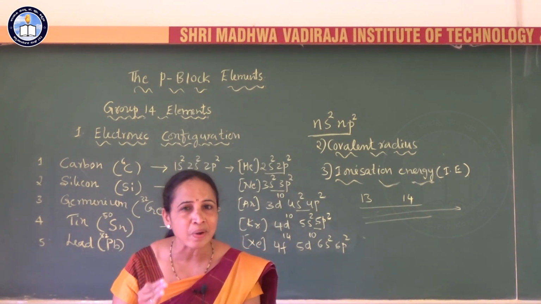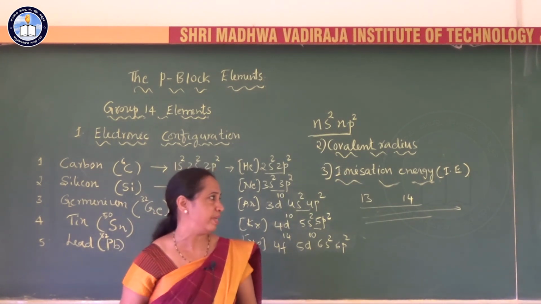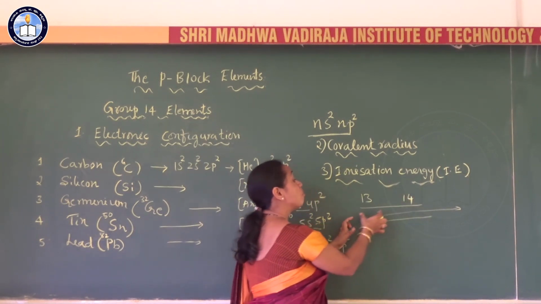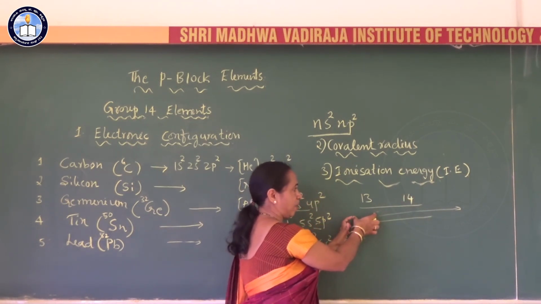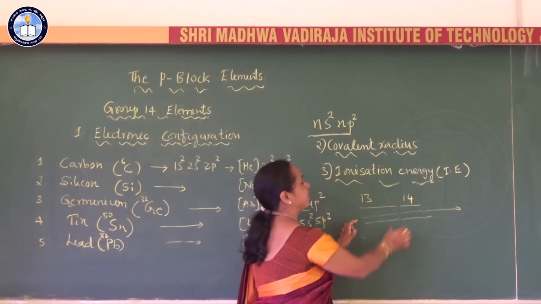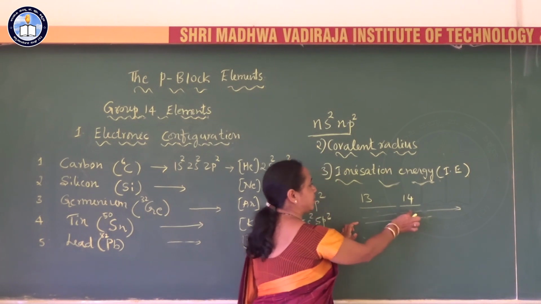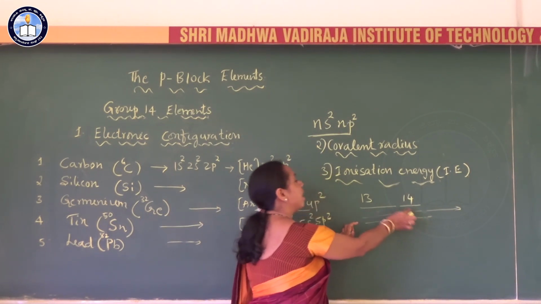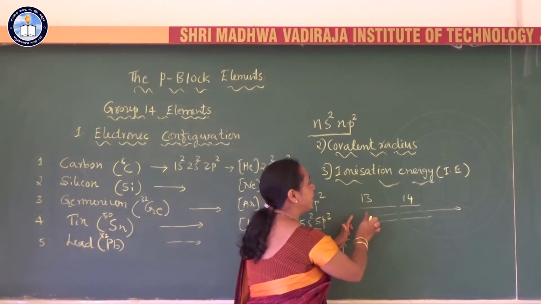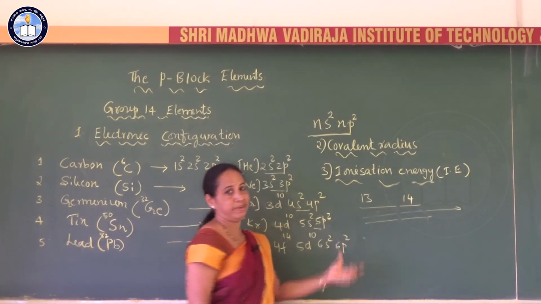The outermost electron is more tightly bound by the nucleus. Since 14th group elements are smaller than 13th group elements, their ionization energies are higher than that of the corresponding element in the 13th group.